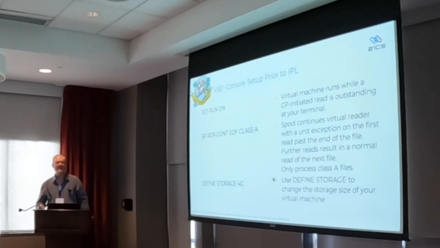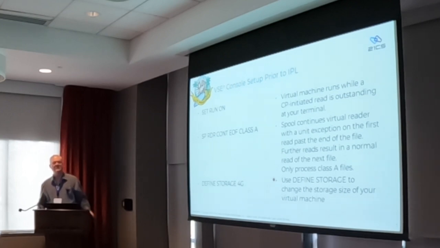You didn't see any of this going on when Shaheen installed and did a fast service upgrade, but he had already done all this. And this is something that before you IPL your system, you should set up the VM where you're going to IPL your VSE with these commands so that your VSE console looks its best.